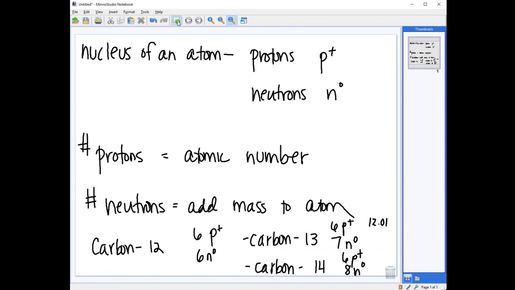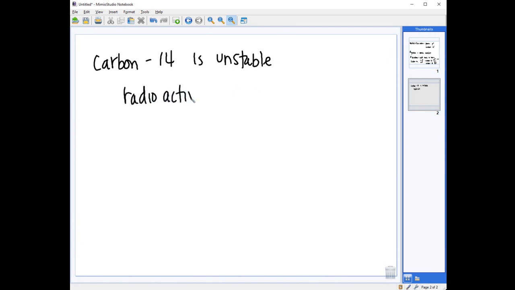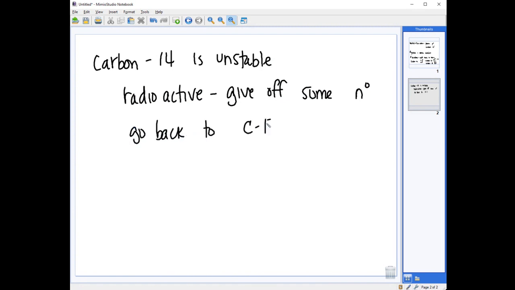Well, carbon 14 is very unstable. There's not a lot to hold on to those additional neutrons, and so it is radioactive. It is going to give off some of those neutrons so that it can go back to either carbon 13 or carbon 12.